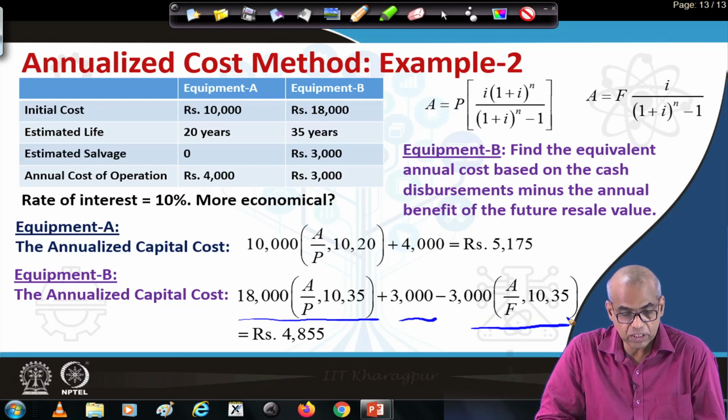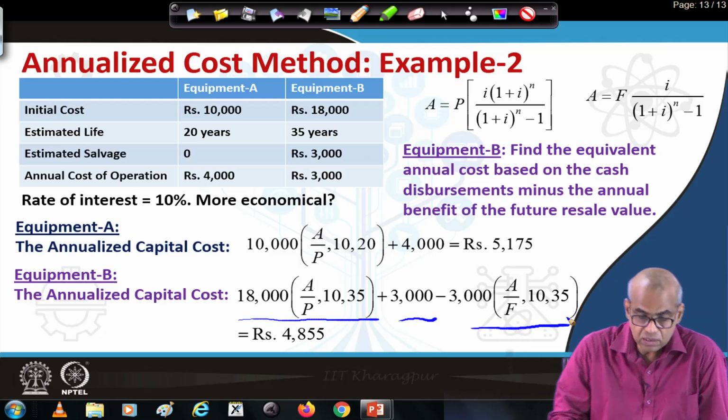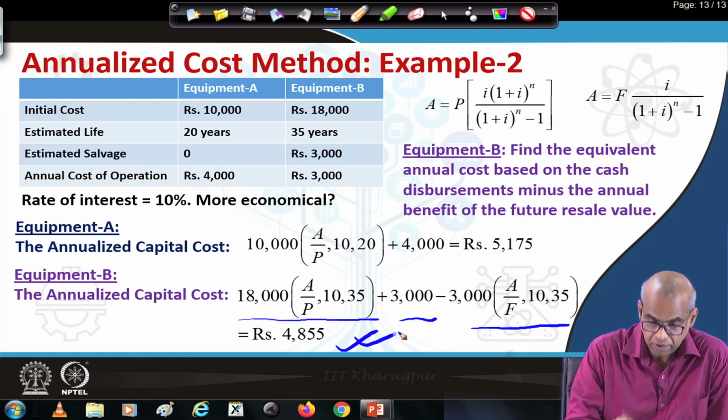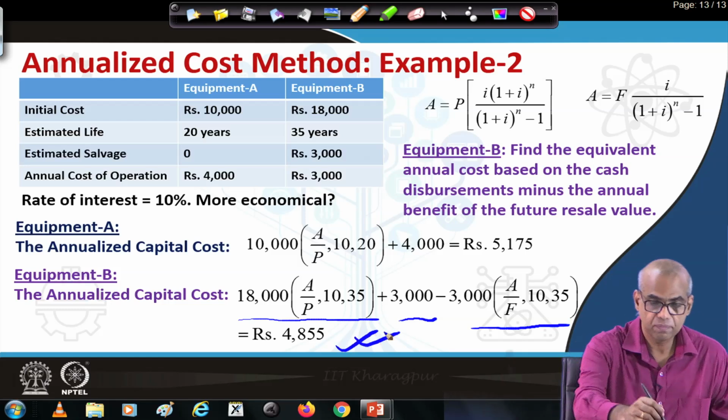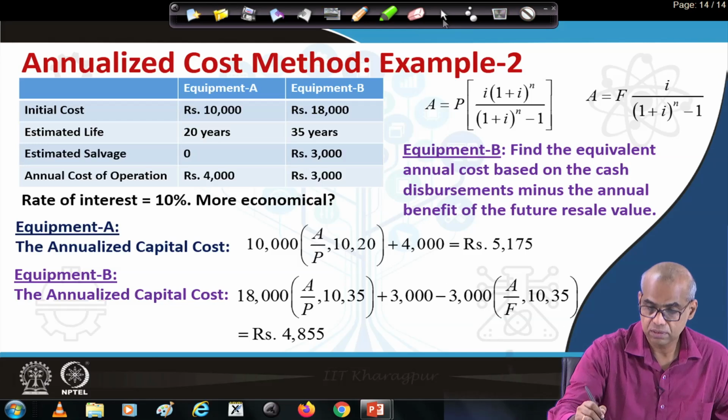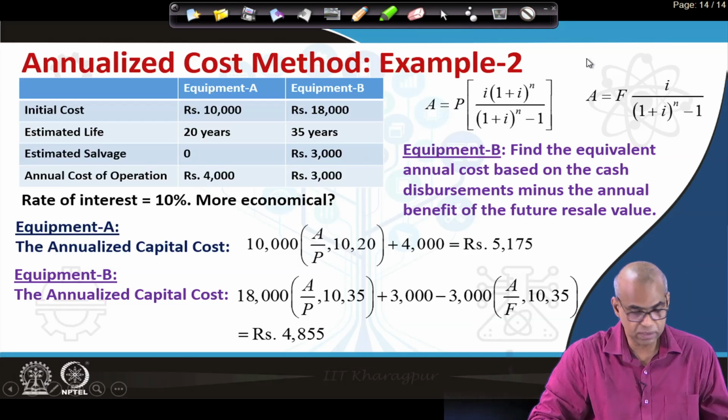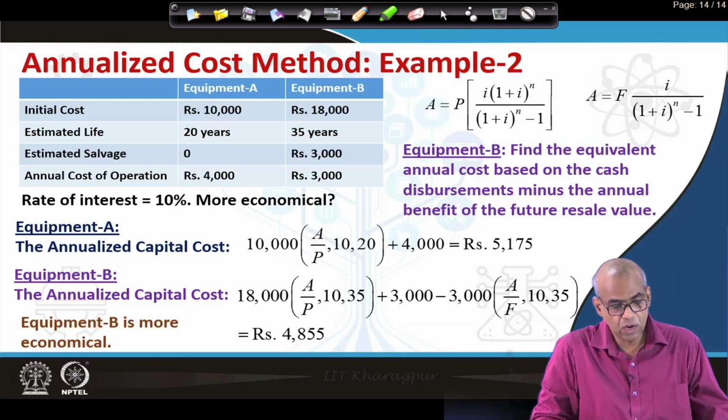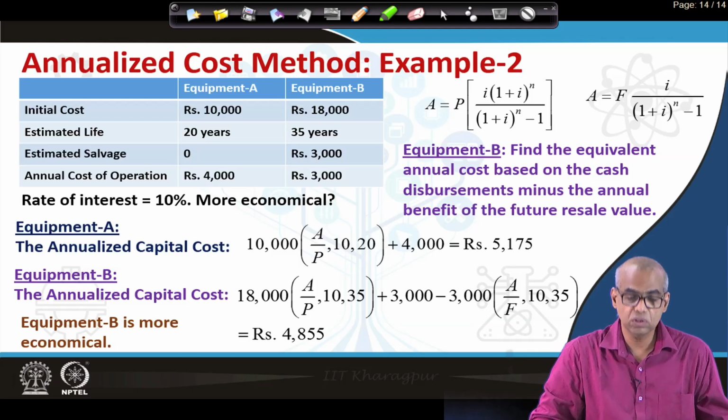So, this computation gives you annualized capital cost of equipment B as rupees 4,855. So, now I have annualized cost for both equipment A and equipment B, and obviously equipment B is more economical.